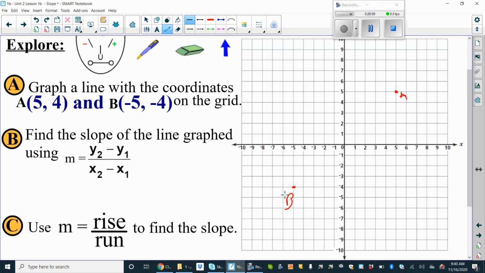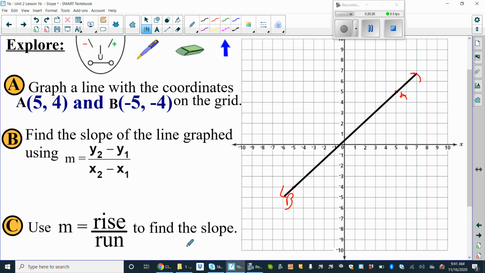Otherwise, it will not be considered a line. So make sure you include them. And so we have graphed the line using the coordinates.